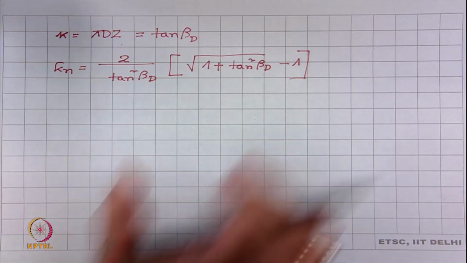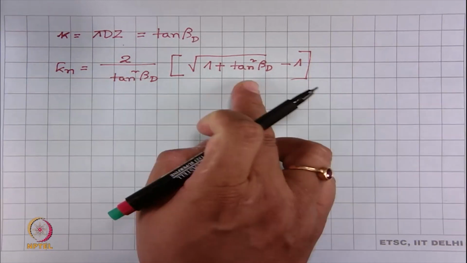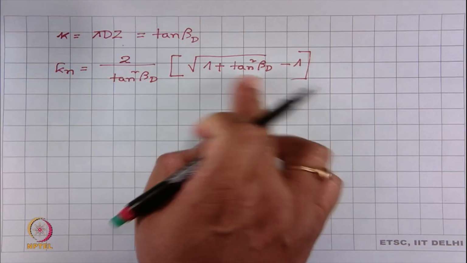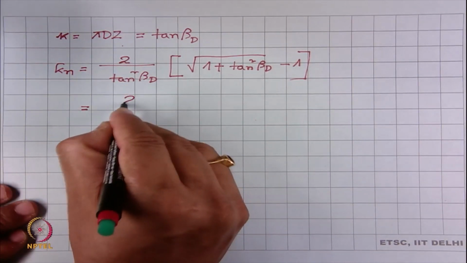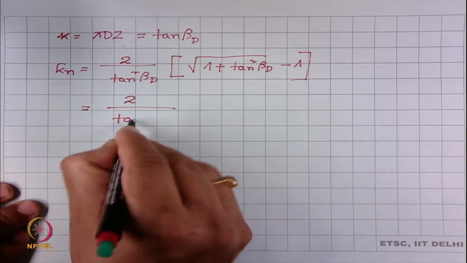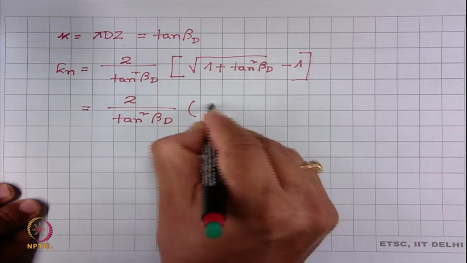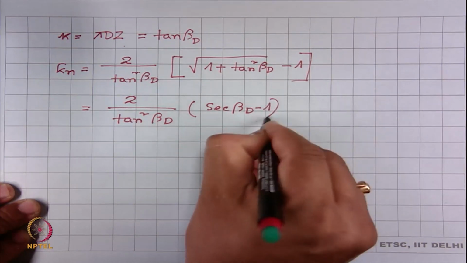Look at the expression within square bracket, root over 1 plus tan square beta, sec square beta, square root of that is sec beta. So, 2 tan square beta d, sec beta d minus 1.